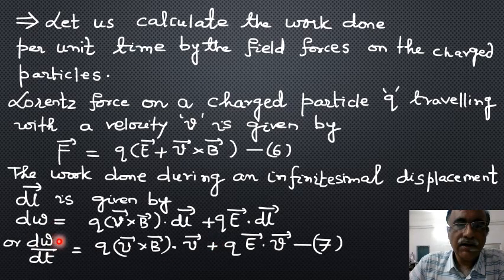And the rate of mechanical work done on a single charged particle will be q into v cross B dot v plus q into E dot dl by dt, which is v. And v cross B dot v is 0, in accordance with the fact that the work done by the magnetic force is 0. So dW by dt, the rate of mechanical work done on the charged particle, is q into E dot v.